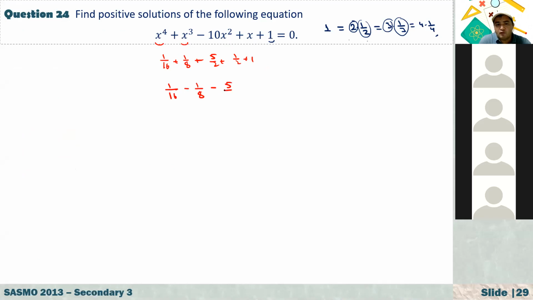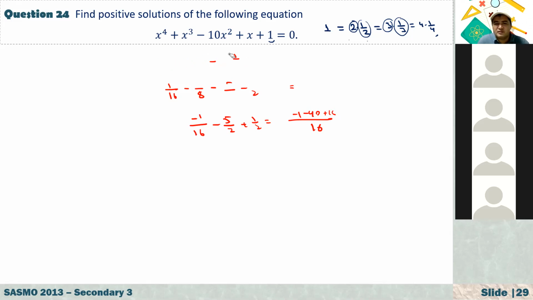Here we have -5 over 2 minus 1 over 2 plus 2. So this one is 2 minus 1, right? -1 over 16 and -5 over 2, and here we have plus 1 over 2. No, it's not working. Yeah, let's just do like this.